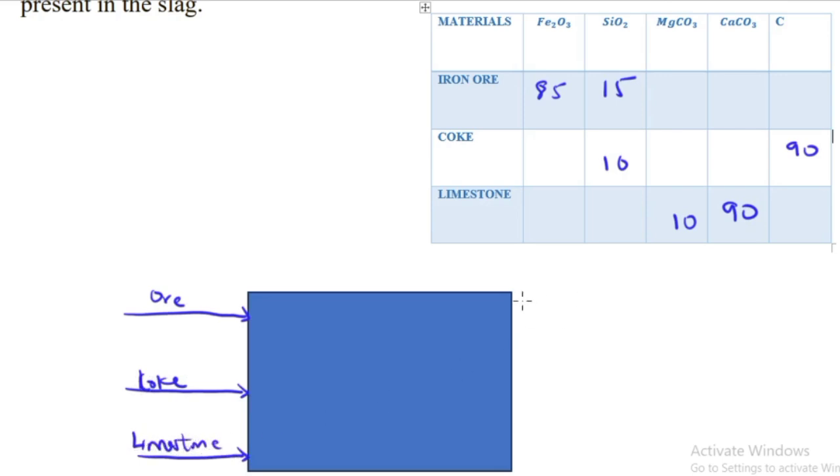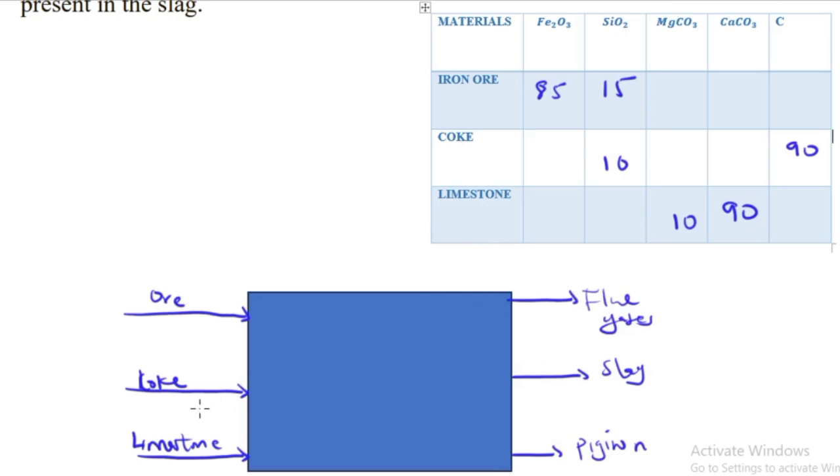And we have the flue gases. We have slag, and we have the pig iron. So we need to indicate everything that we have here.